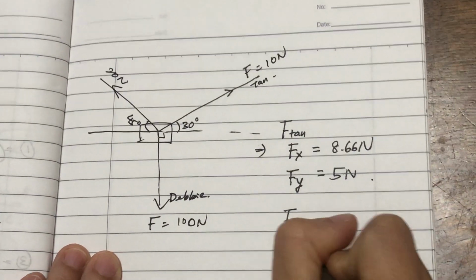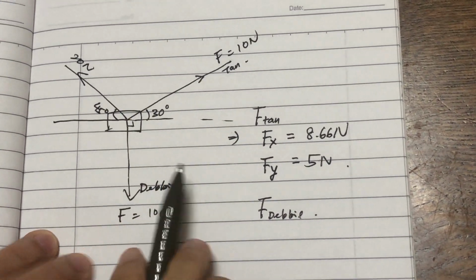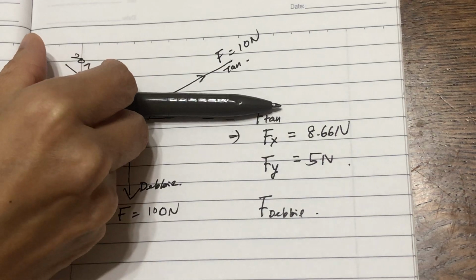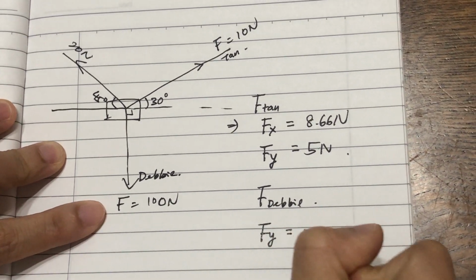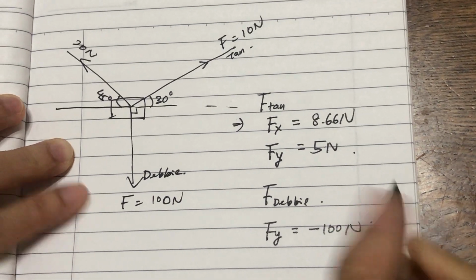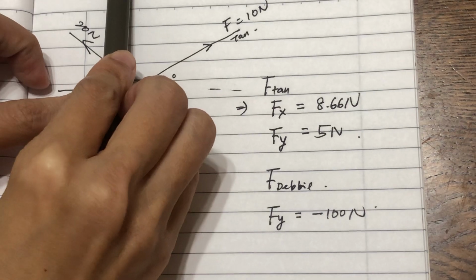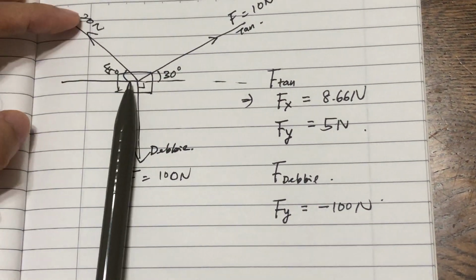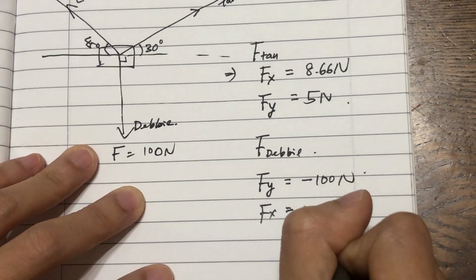Now we go to Debbie. Debbie has only a y component. There's no x component at all, right? So for Debbie, Fy equals negative 100 Newton. It's just like a graph. When you move downward, we put it negative. Upward, positive. So Fx for Debbie is actually 0.